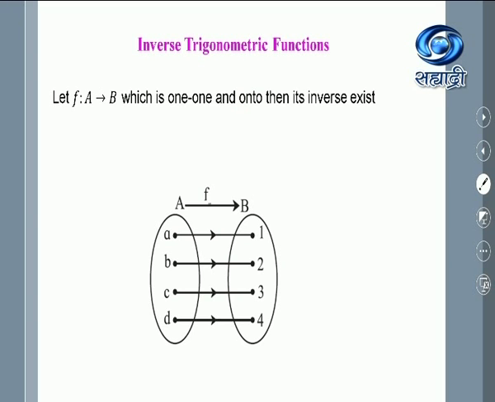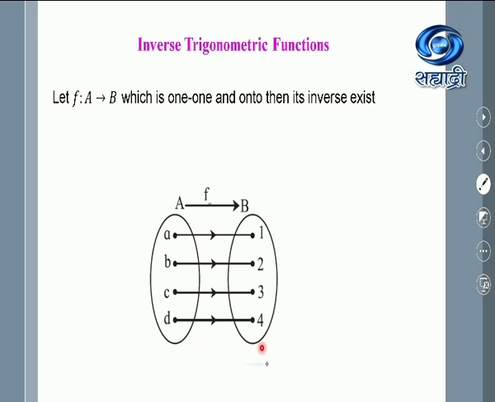Let us have the definition of onto function. The easiest method to check whether the function is onto is the range. Range means the set 1, 2, 3, 4. This is the range of the function. And the codomain is capital B, that is the set B. If range is equal to codomain, then the function is called an onto function.